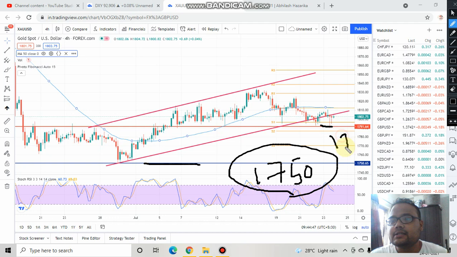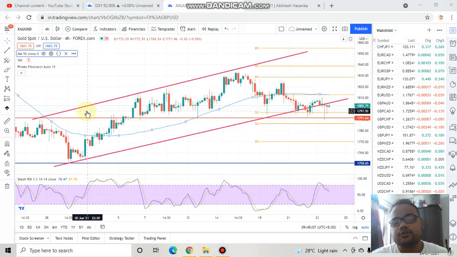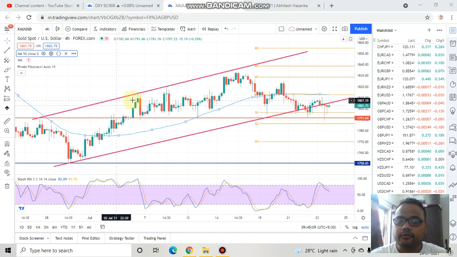Therefore, 1790 has become a very crucial support for the market. So 1790 is support 1 and 1750 is support 2.